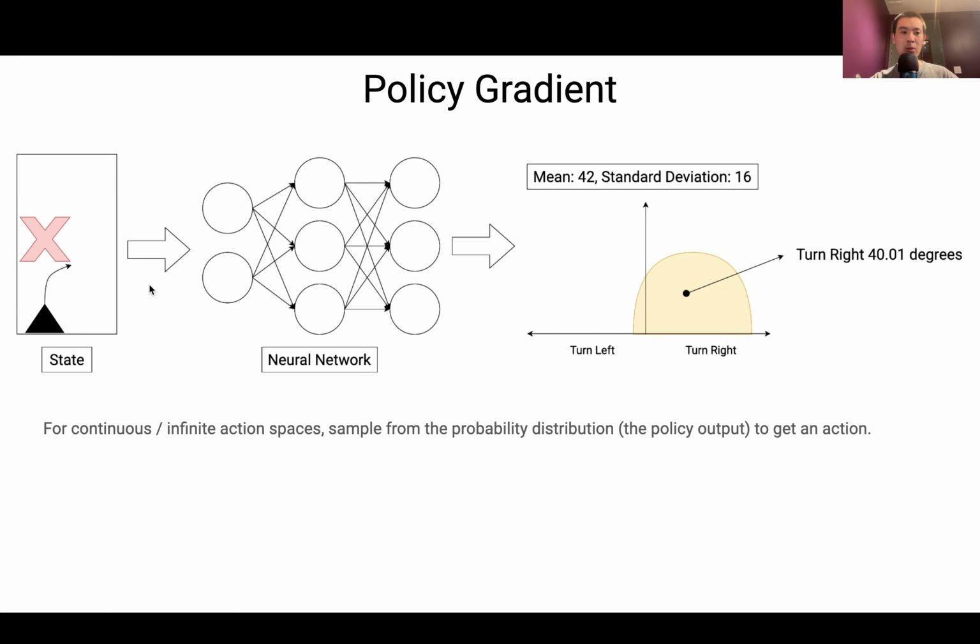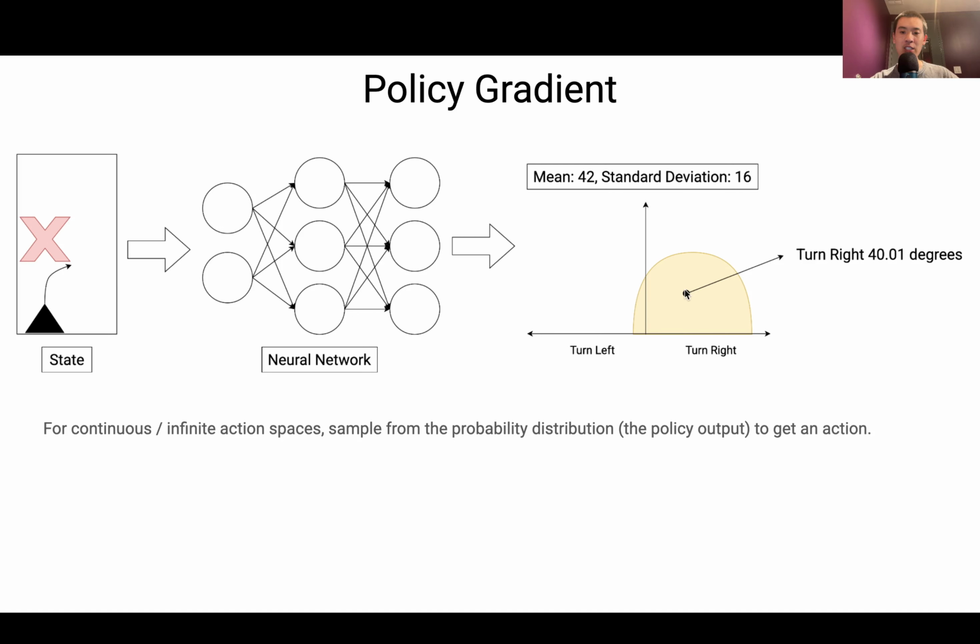So in this diagram, the drone is at this point of the sky or space, and what do we want to do? Should it go to the left or keep going to the right? Hopefully, we want the drone to keep going to the right, because if it goes to the left, it'll crash into the red X. And here, this probability distribution or policy output has a very small chance of turning to the left and a very big chance of turning to the right.